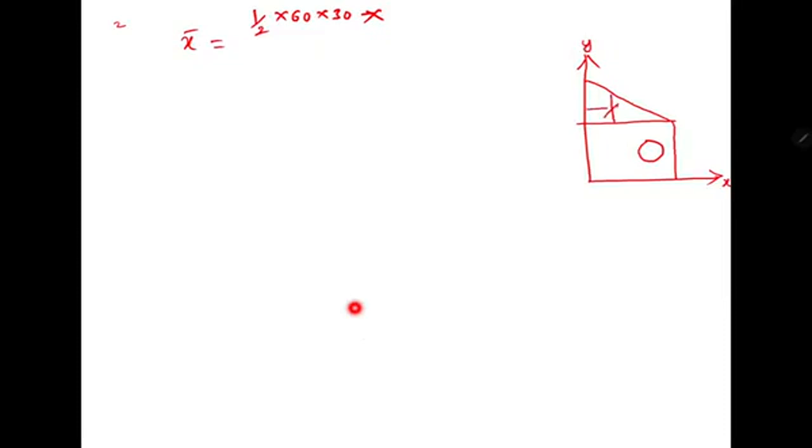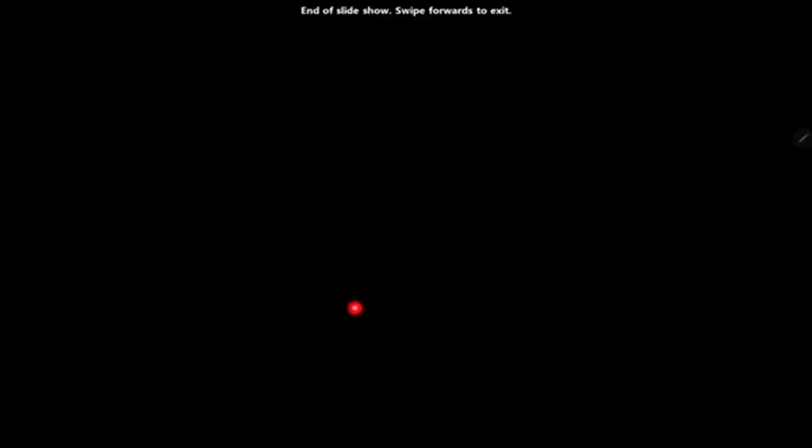So that will be, the total is 60, 60 by 3, plus 60 into 40 is the area of the rectangle, 60 by 2 is the distance.